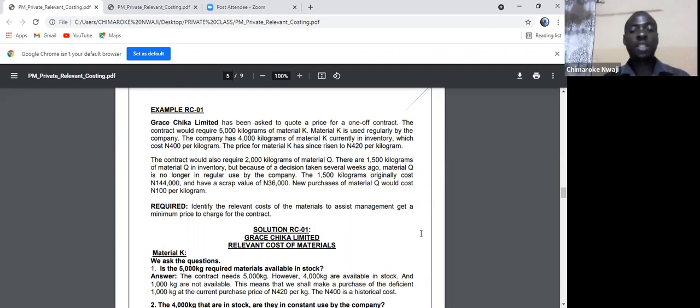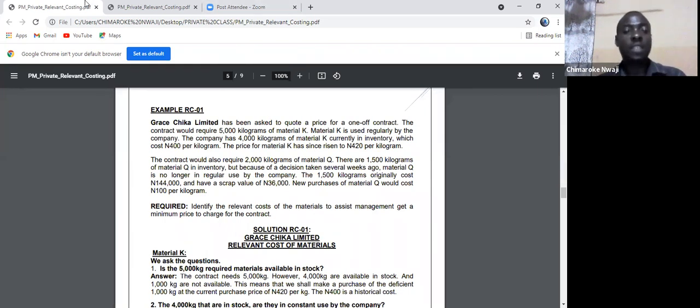New purchases of material Q would cost 100 naira per kilogram. Required: identify the relevant cost of the material to assist management get a minimum price to charge for the contract. So we are asking here for the material relevant cost.